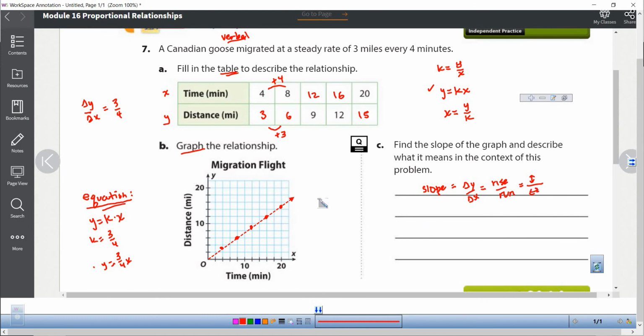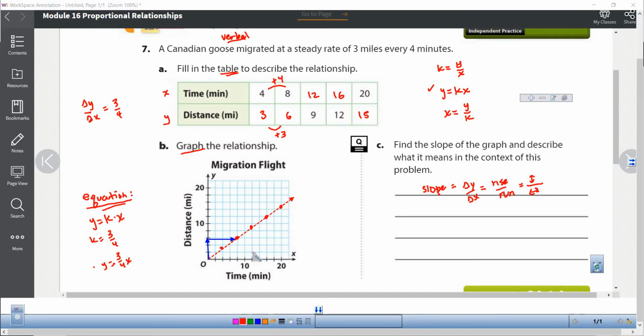On the graph, you can use any 2 points that you want to find slope, any 2 points at all. 0, 0 is a very nice one to start at, and I'm going to use one that's exactly on the grid. So I'm going to go from there, and then I'm going to go to there.